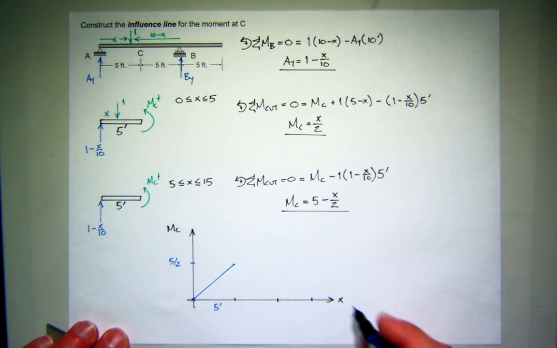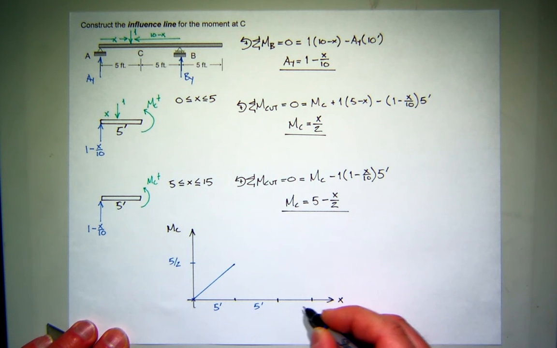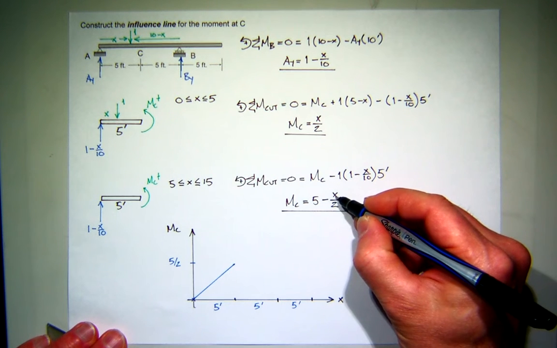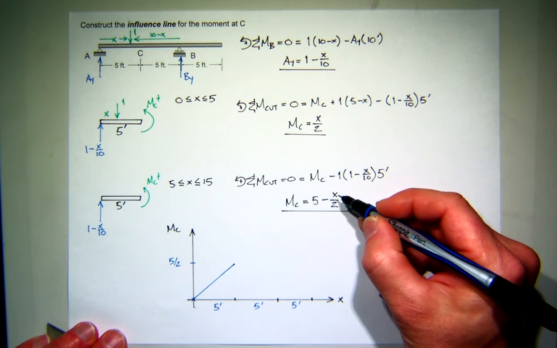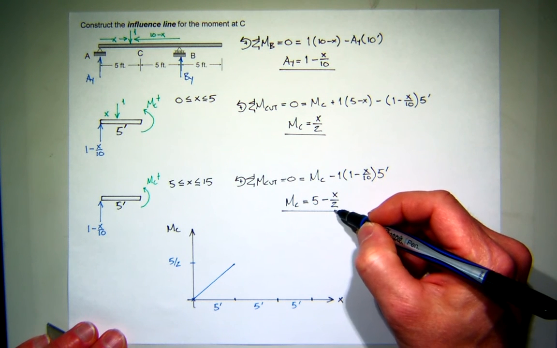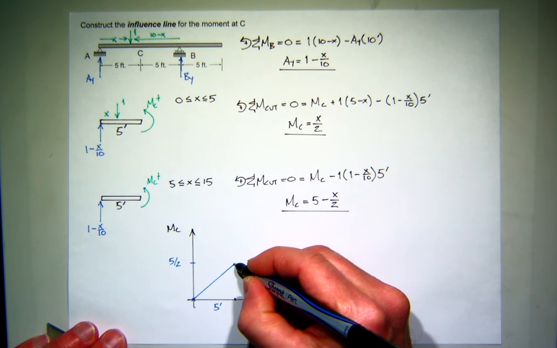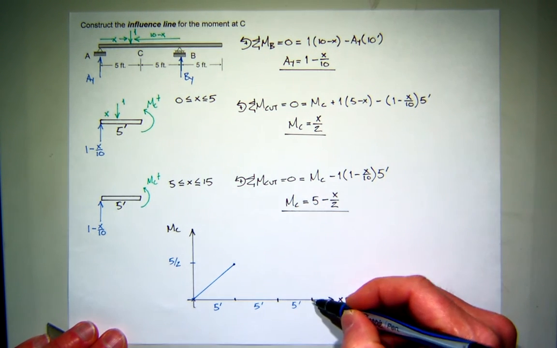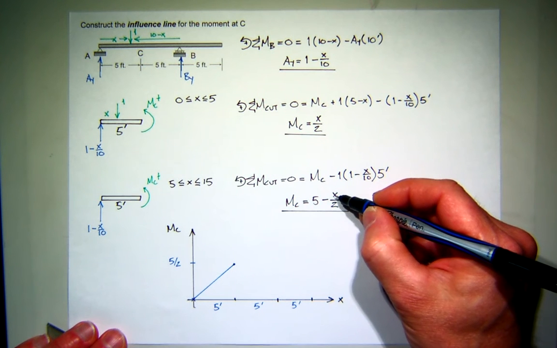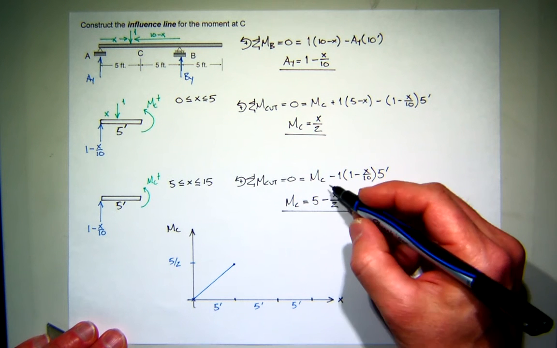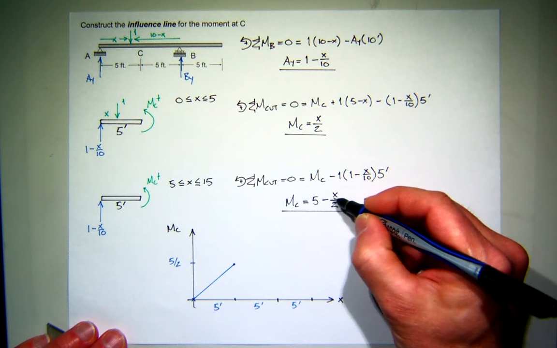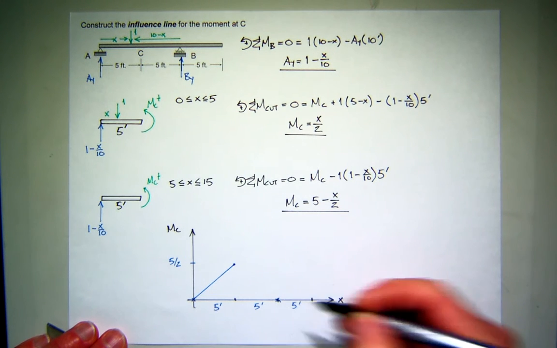Now from 5 to 15, which are these remaining 5 feet, what do I have? Well, when I put 5 in here, I get 5 minus 5 over 2, which is 5 over 2. So it matches. And then if I go all the way to the extreme at 15, what do I get? Well, let's not do that. Let's go to 10. So 10 divided by 2 is 5. So 5 minus 5 is 0.